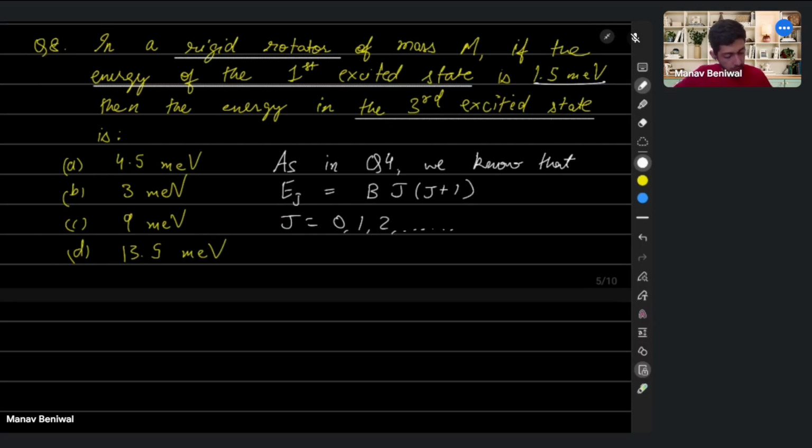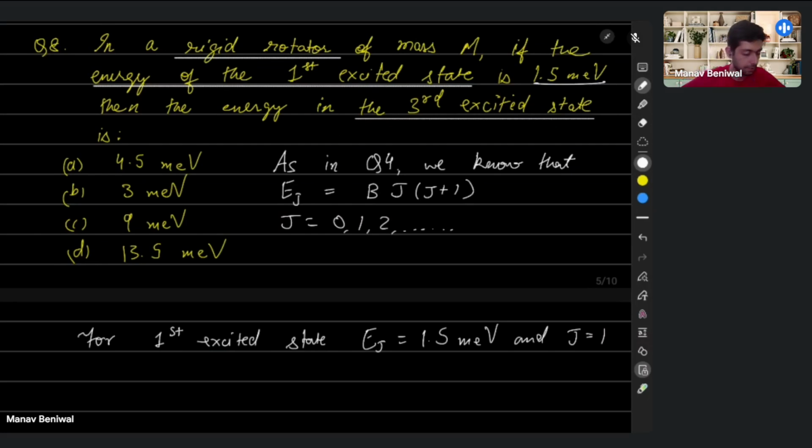Now what we know is, for the first excited state, EJ is 1.5 MeV and J is 1.